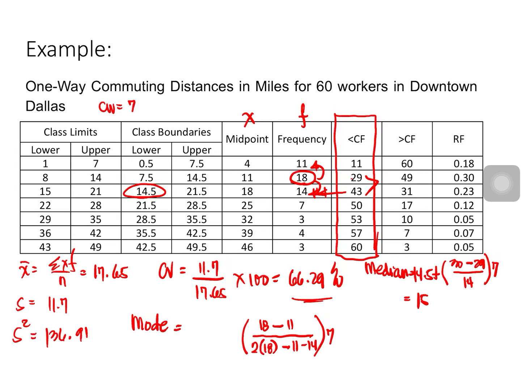Multiplied by the class width plus the lower class boundary at the row of the highest frequency, that is 7.5.